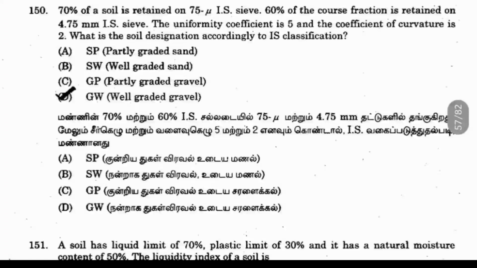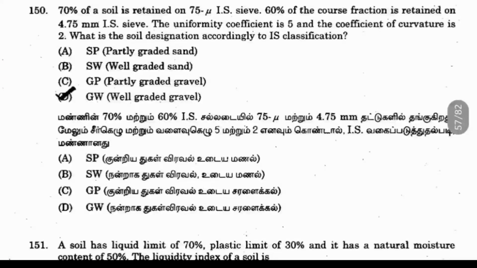The 75 micron sieve decides whether the soil is coarse grain or fine grain. Here it is greater than 50%, so it's a coarse grain soil. So sand or gravel it can be. When it is less than that, we go for clay, silt, like that. Here it is 70%, so obviously it should be sand or gravel only.